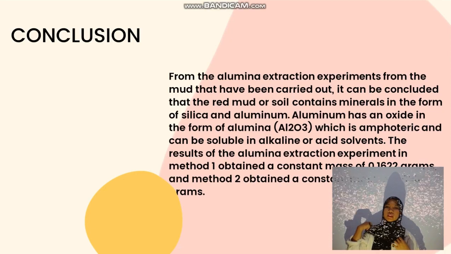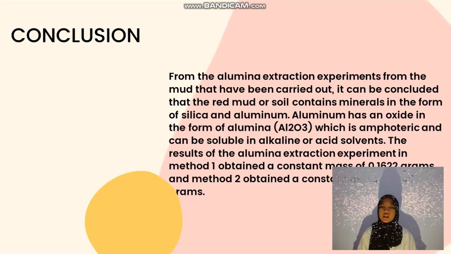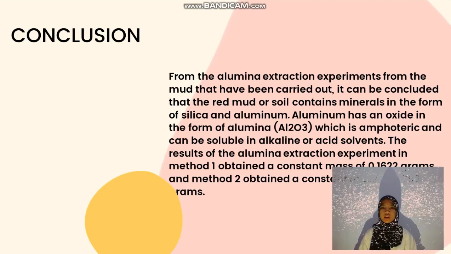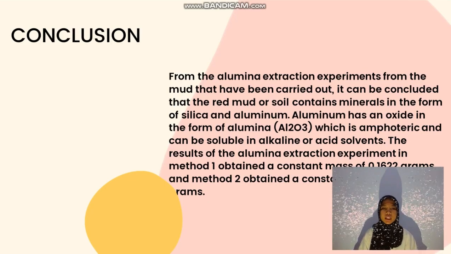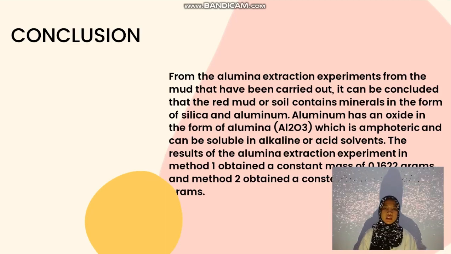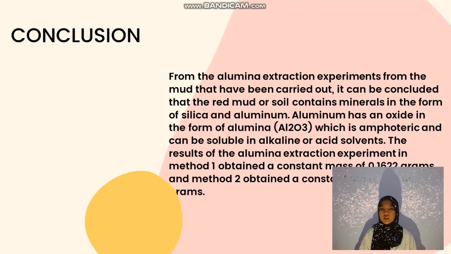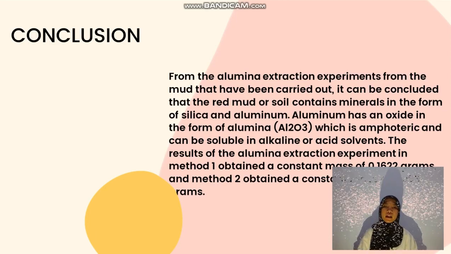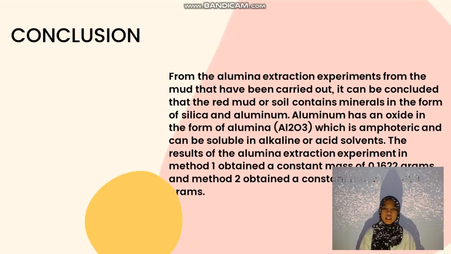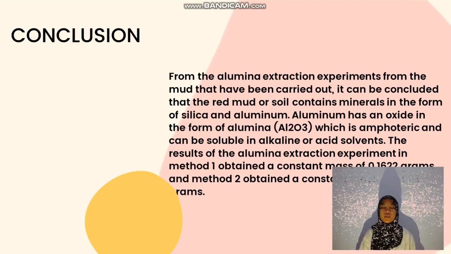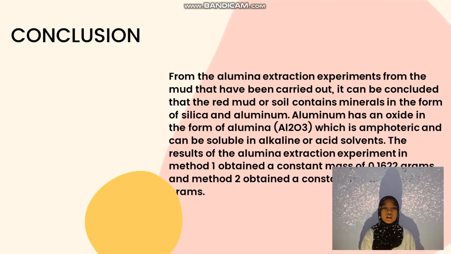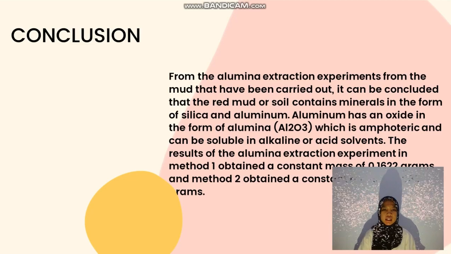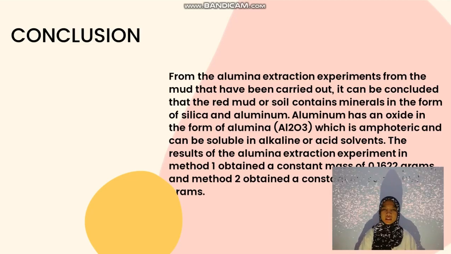So the conclusion in the module is, from the alumina extraction experiment from the mud that has been carried out, it can be concluded that the red mud or soil contains minerals in the form of silica and aluminum. Aluminum has an oxide in the form of alumina or Al2O3, which is amphoteric and can be soluble in alkaline or acid solvents.